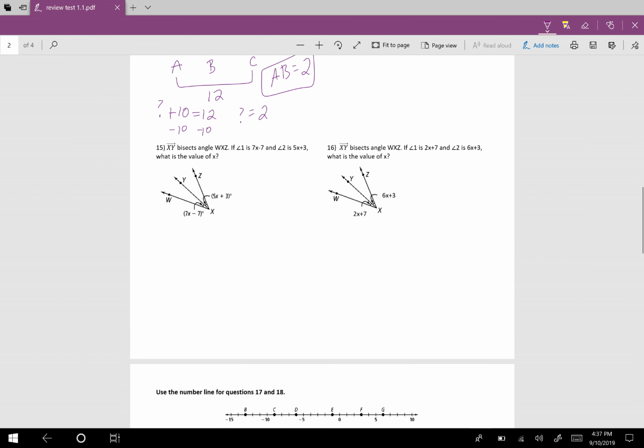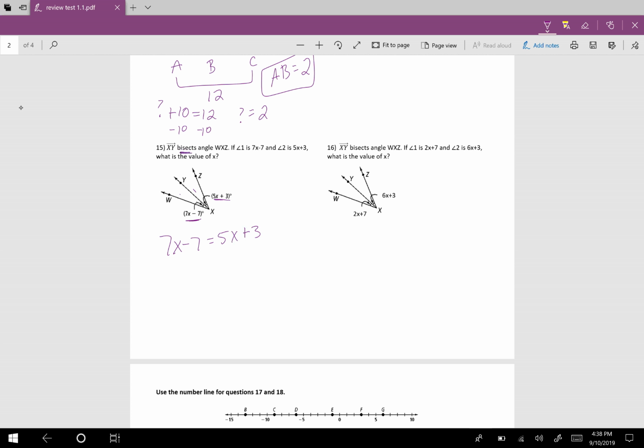Number 15, it says ray XY bisects angle WXZ. So bisects means it cuts in half. So this 7x minus 7, which is talking about this angle, and this 5x plus 3, which is talking about this other angle here, they're equal to each other. Okay, so this one is equal to the other one. The two pieces are equal. So 7x minus 7 equals 5x plus 3.